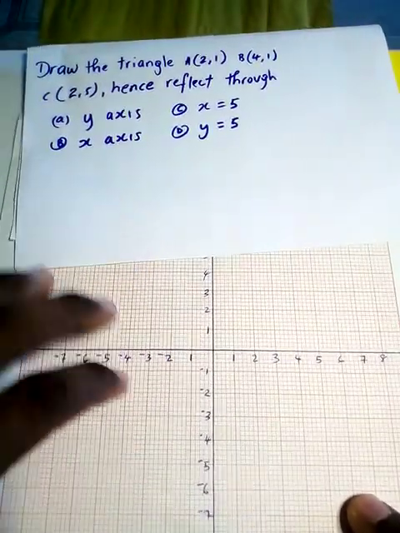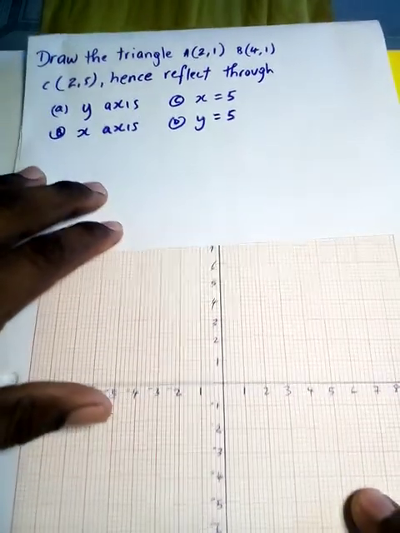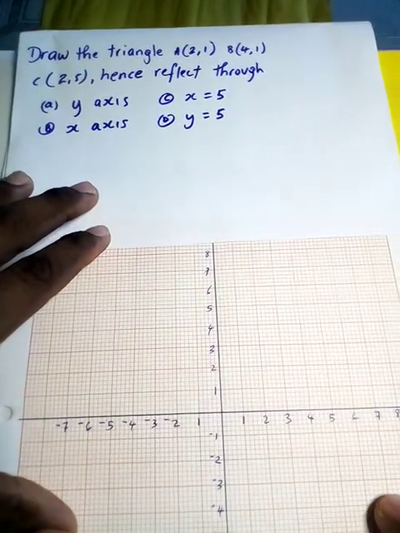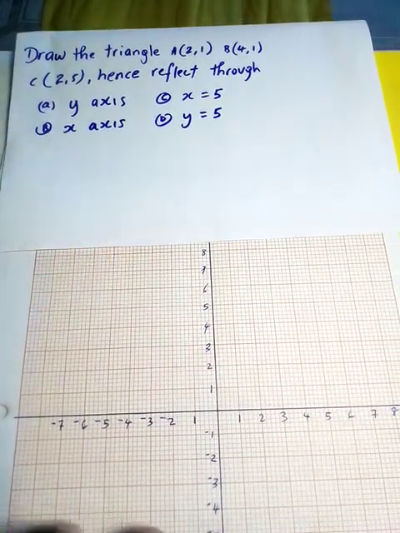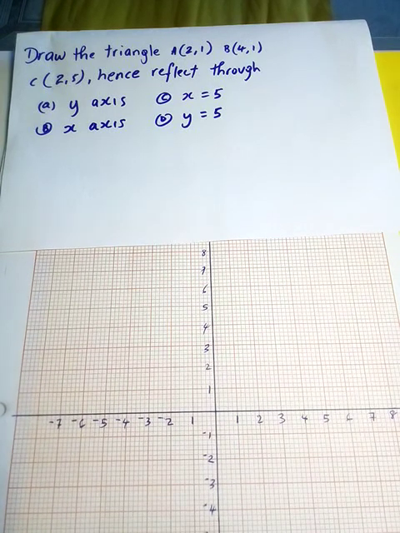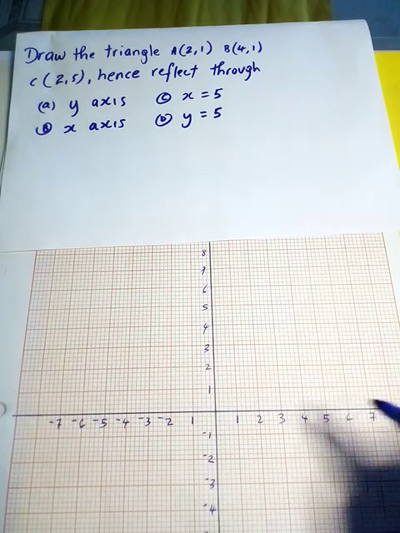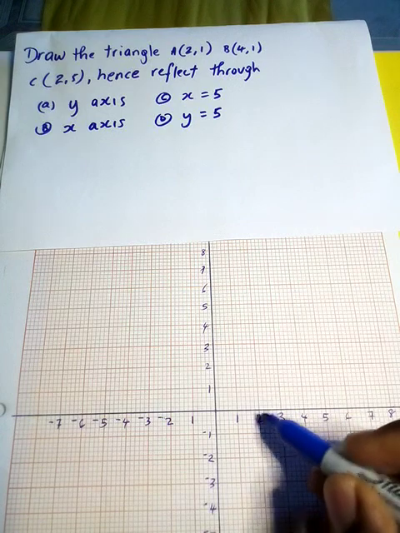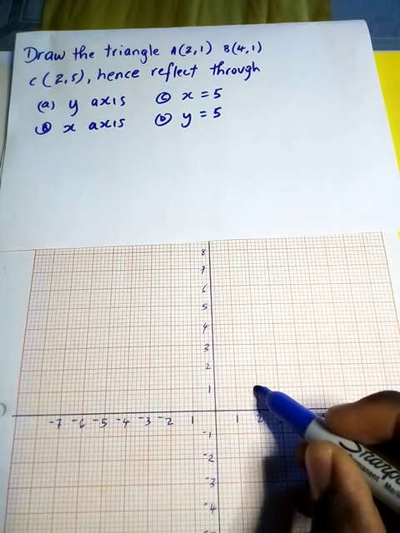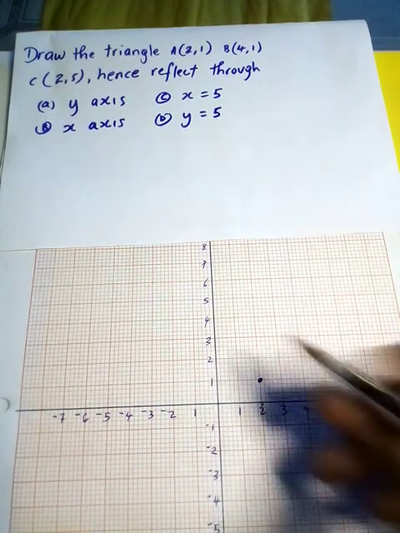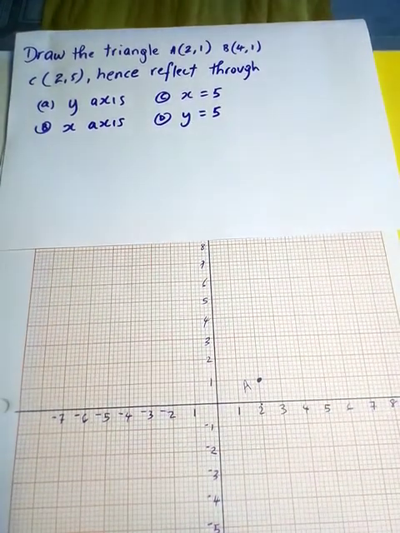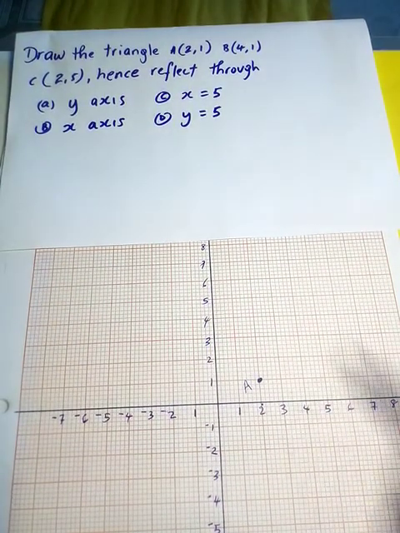So let's plot the point. Firstly, the question says draw the triangle. So we're going to draw the triangle using the point. So first point for A is 2, 1. So 2 on the x-axis, 1. So that's the first object point, which is A. Then the second point is 4, 1.